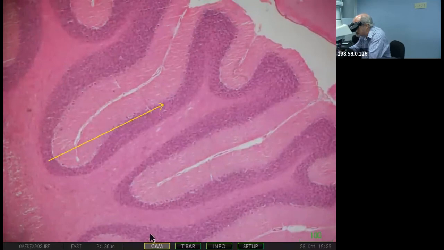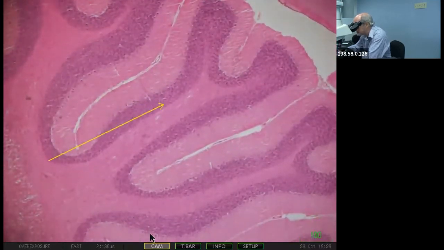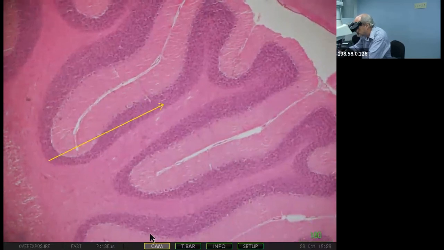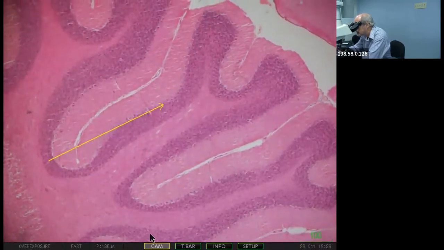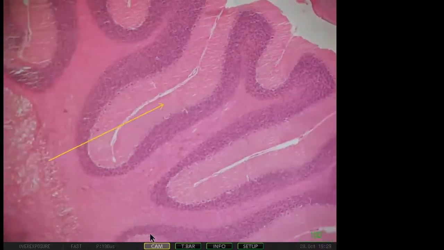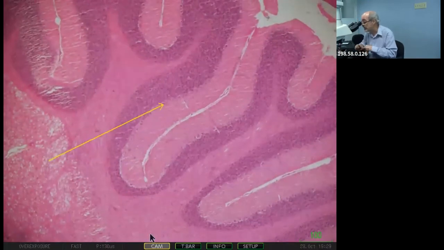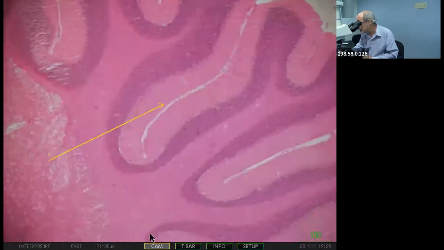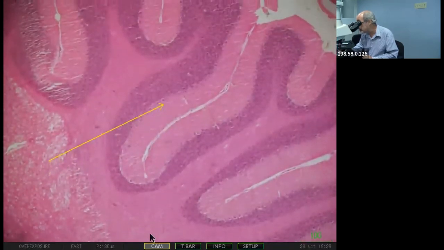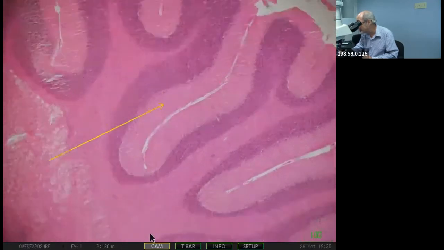And in between the molecular layer and the granular cell layer, what are you supposed to have here? Purkinje cell layer. So you have your Purkinje cell layer. The molecular cell layer, Purkinje cell layer, and granular cell layer form the gray matter.